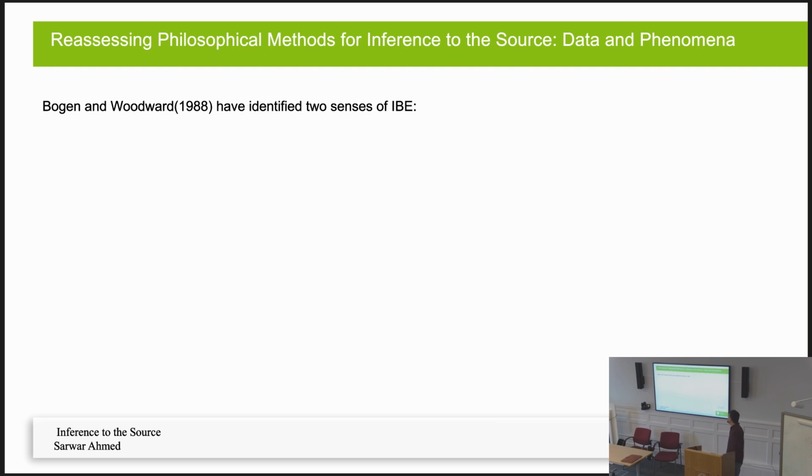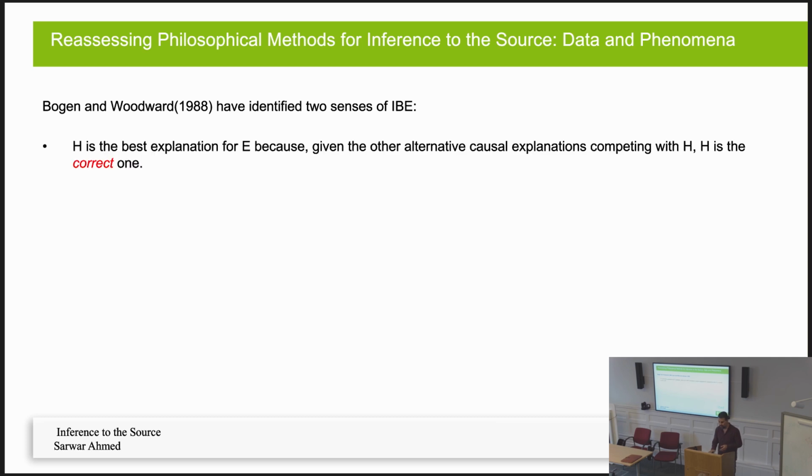Then here I shift the discussion into the relation between data and phenomenon. In the very well-known paper by Bogen and Woodward, they identify two senses of IBE, inference to the best explanation. They say H is the best explanation for E because, given the other alternative causal explanations, H is the correct one.